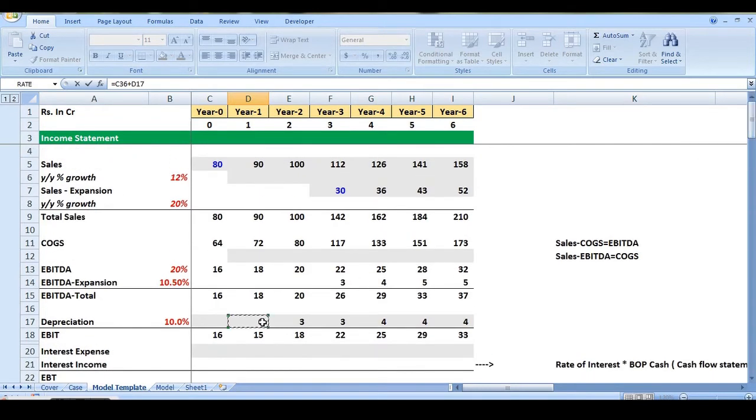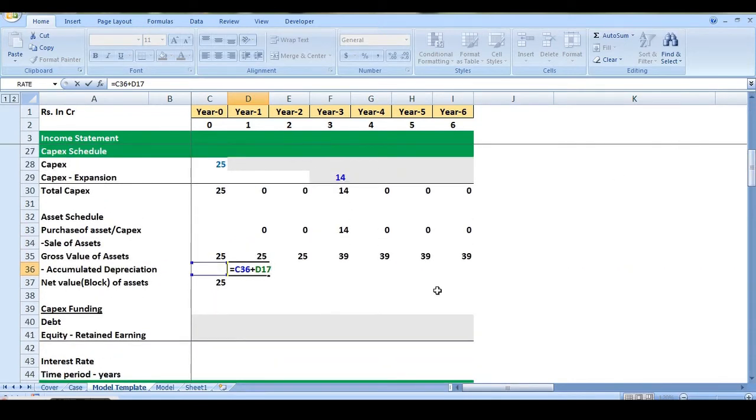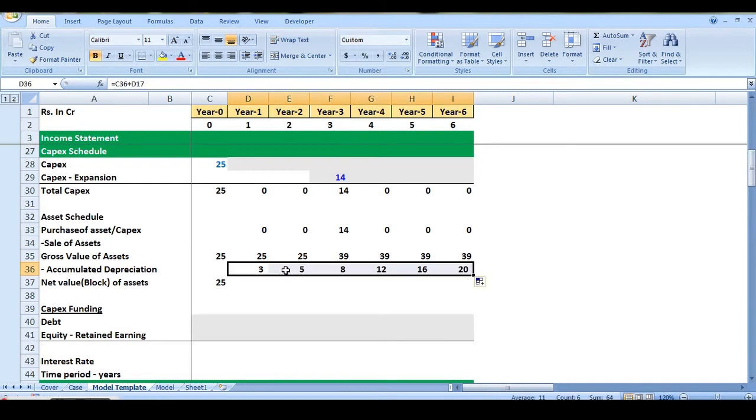So for year 1, accumulated depreciation is equal to year 0 accumulated depreciation plus only the depreciation for year 1, which we have calculated in the income statement. I press enter and I drag it. And now you can see the accumulated values of depreciation.